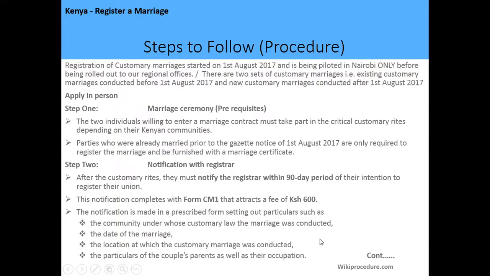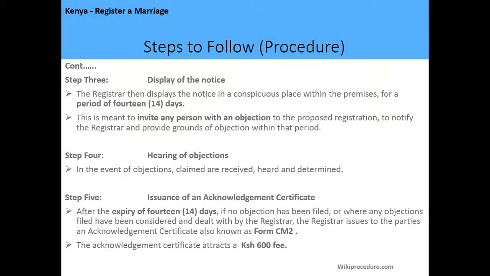The notification is made in a prescribed form setting out particulars such as the community under which the customary law marriage was conducted, the date of marriage, the location where the customary marriage was conducted, and the particulars of the parents and couples, as well as their occupation.